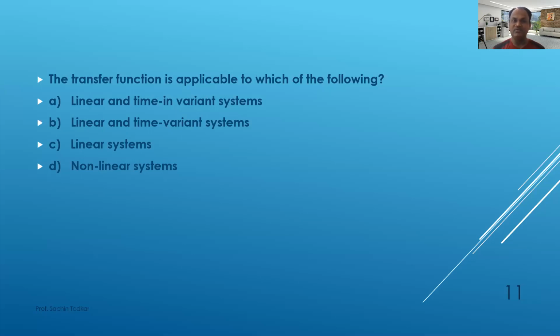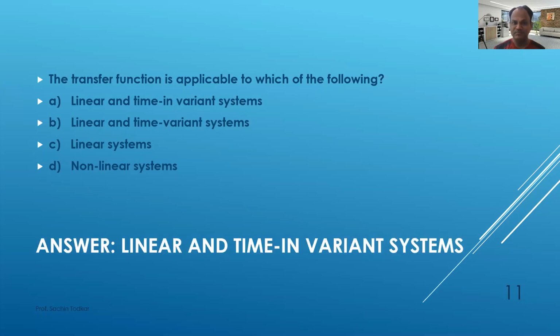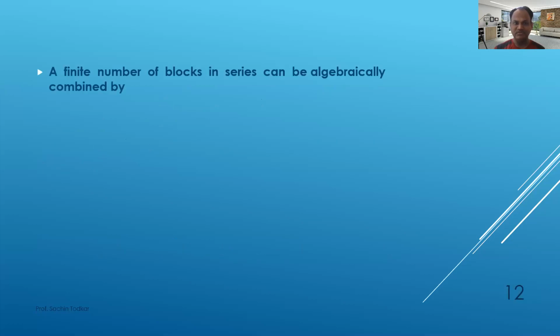We know that we use the Laplace transform, and the Laplace transform is only used in time invariant systems. So the answer is linear and time invariant systems. Now the next: a finite number of blocks in series can be algebraically combined by blocks in series. So the answer is multiplication. We know that, we have just seen.